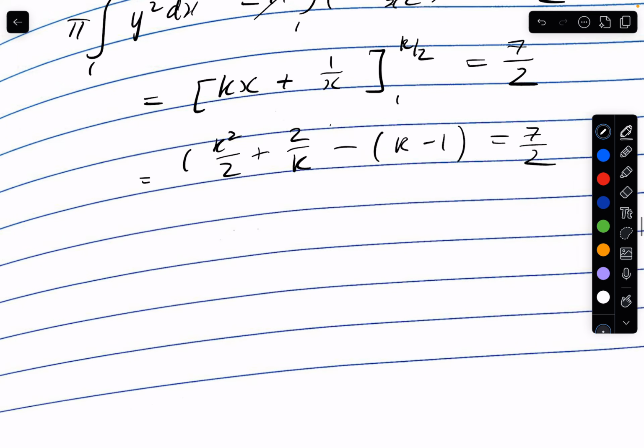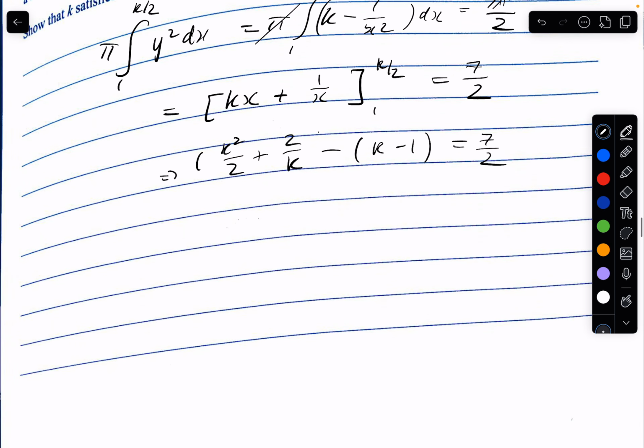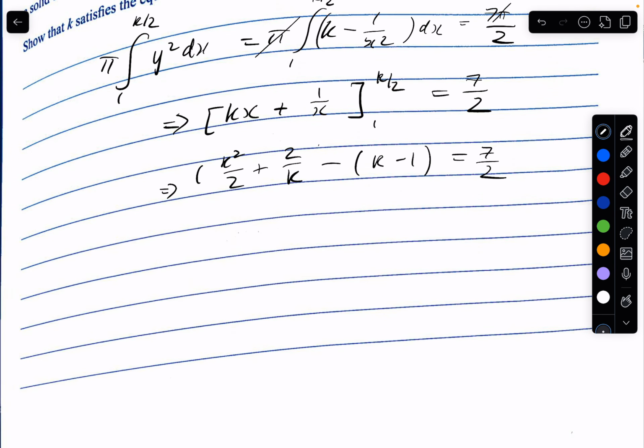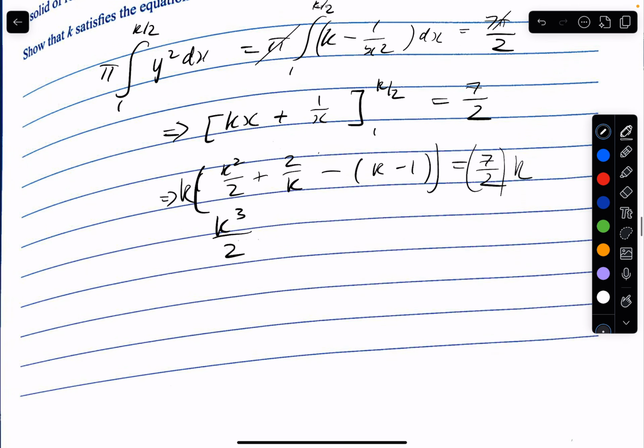And then what have we got? So what we can do is multiply by k the whole way through. So we cancel that. So k cubed on 2 plus 2 minus k squared plus k is equal to 7 over 2k.